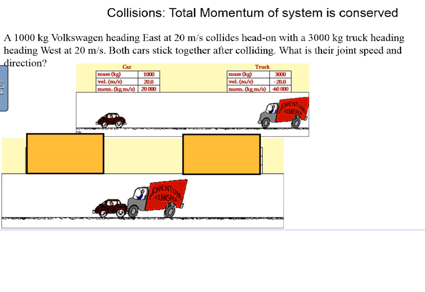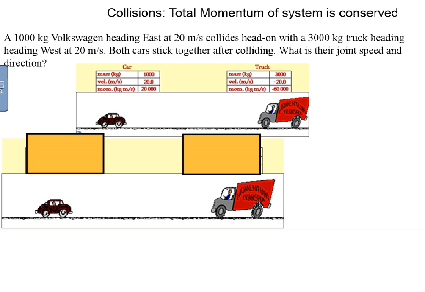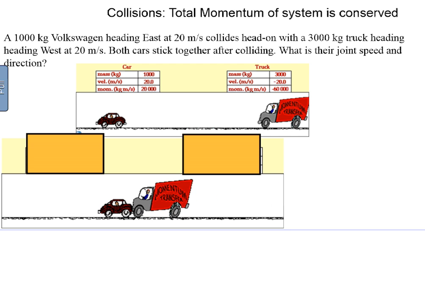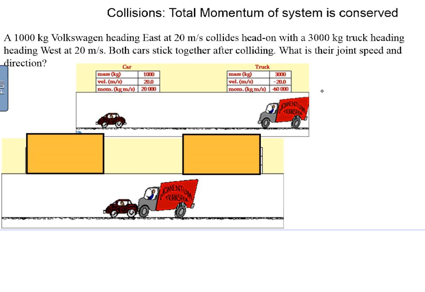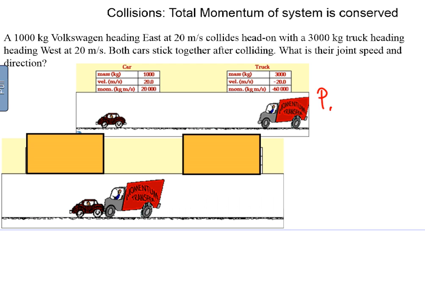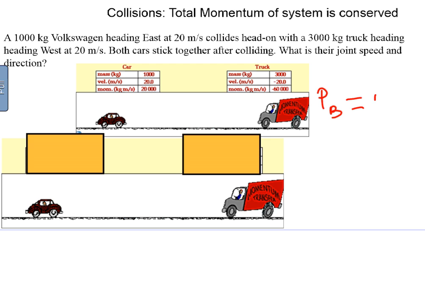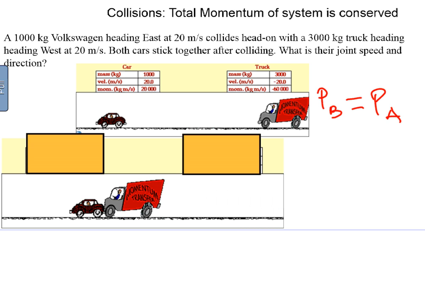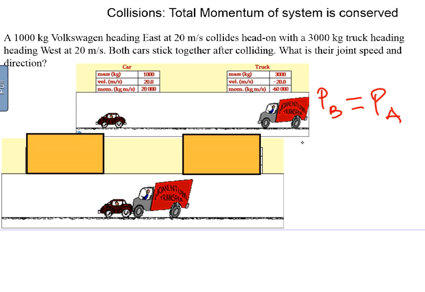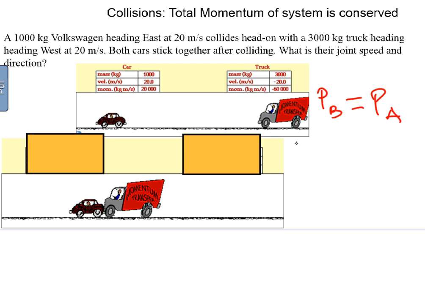Let's assume that this is a completely inelastic collision, which means they stick together on colliding, and the question is, what is their joint velocity? So we know that the total momentum before collision equals the total momentum after collision. Let's write the momentum of each of the cars.